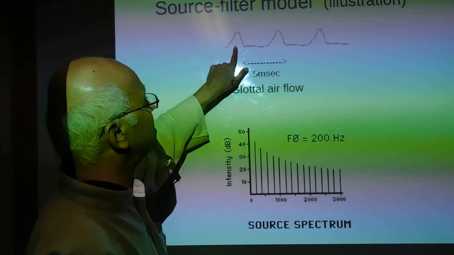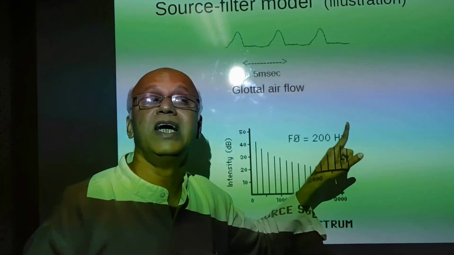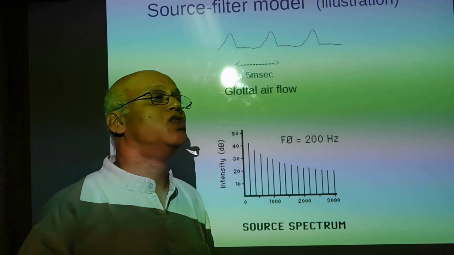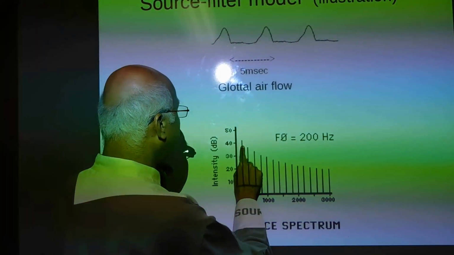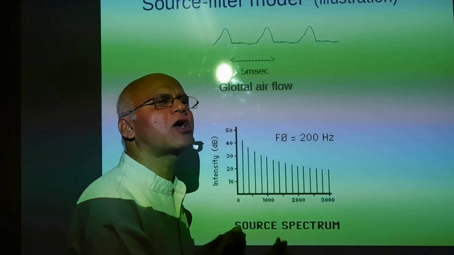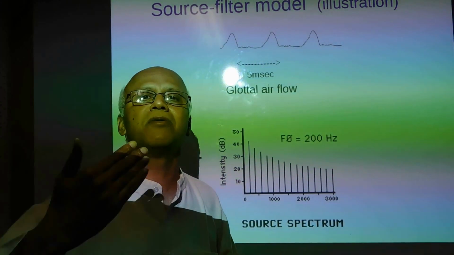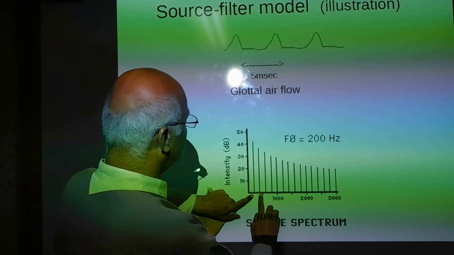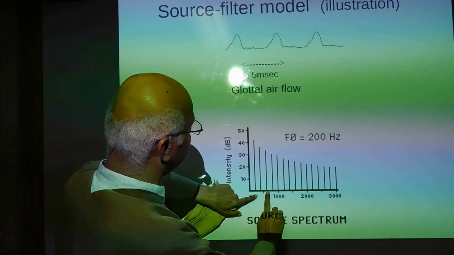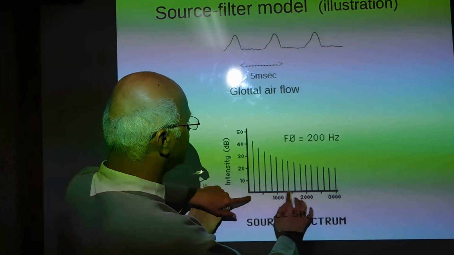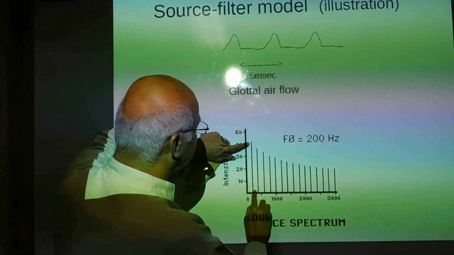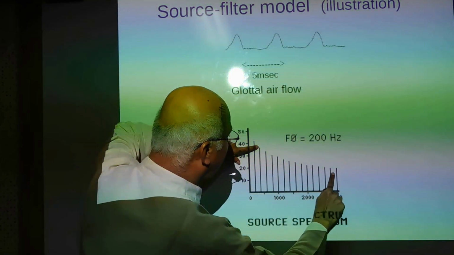Notice that this periodicity is 5 millisecond, it is not a sine wave, therefore not only will you see a peak at 200 Hz, but also at its harmonics, integral multiples of 200 Hz. So you should see a peak at 400 Hz, 600 Hz, 800 Hz, 1000 Hz, and so on. So this is the fundamental frequency, and these are the harmonics.